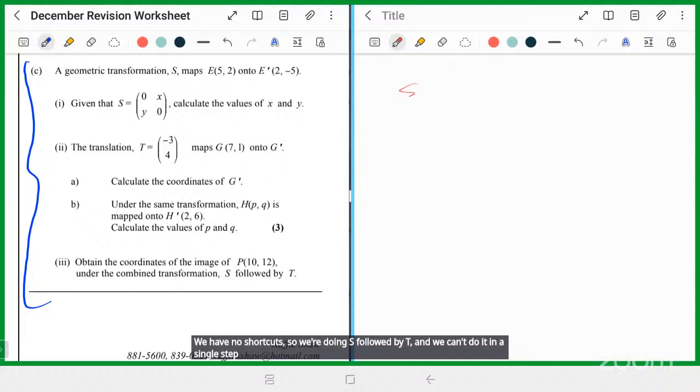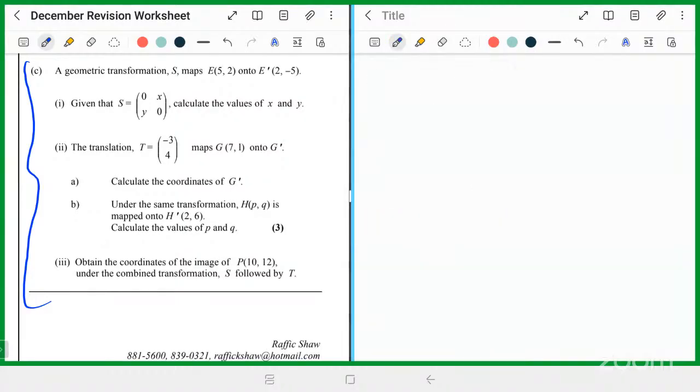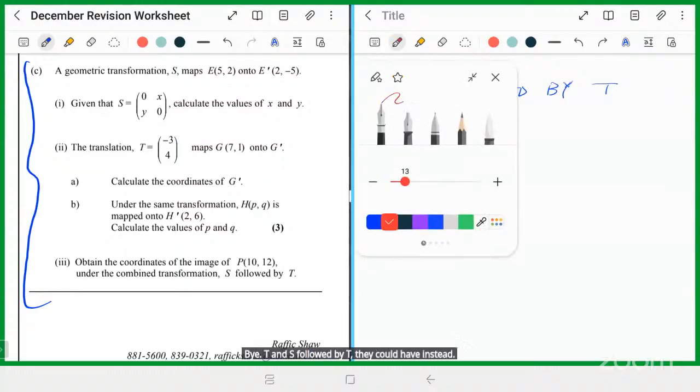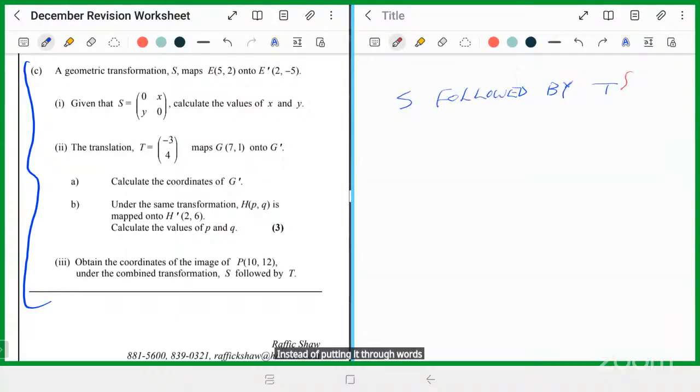So we're doing S followed by T. Instead of putting it in words, they could have written TS.